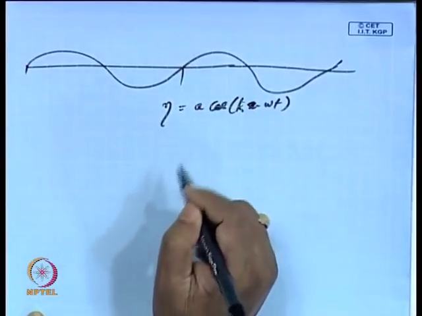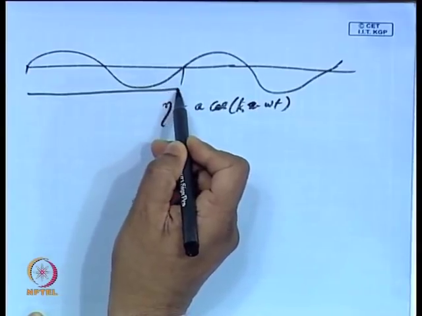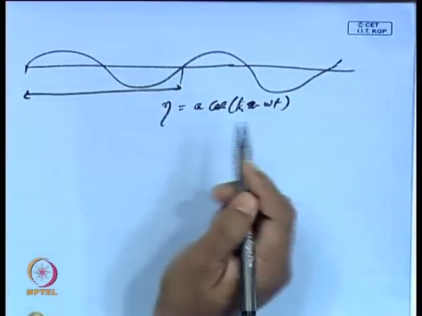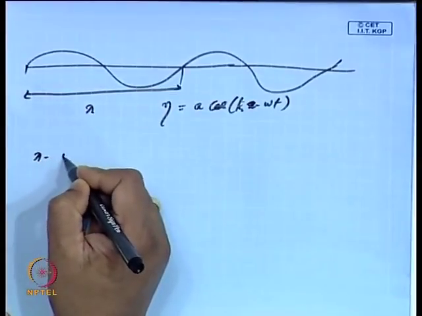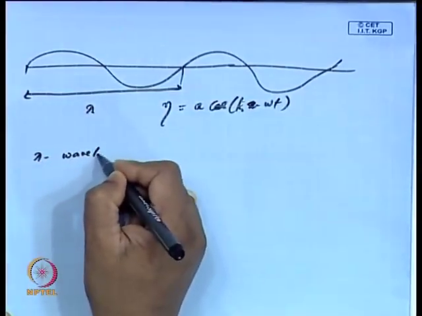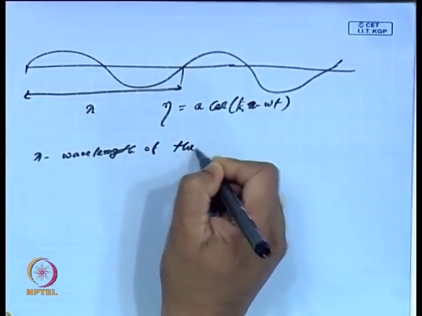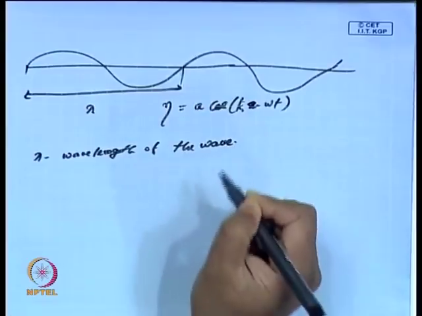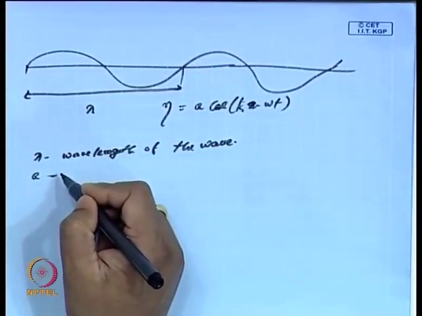Suppose I take this region, then this total distance I call lambda. Lambda is called the wavelength of the wave, and a is the amplitude.